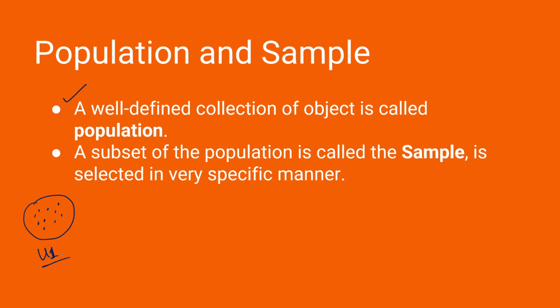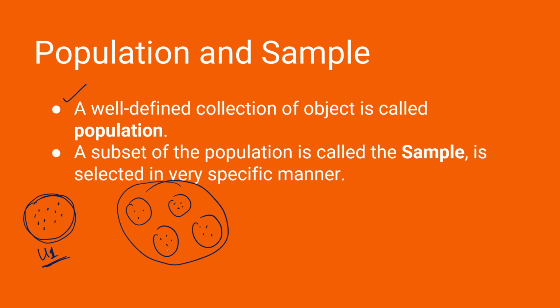If you are selecting only this one university, this is your collection of objects, and this is your population. You can also collect, let's say, information about students studying bioinformatics in different universities in a specific region, let's say a specific state.